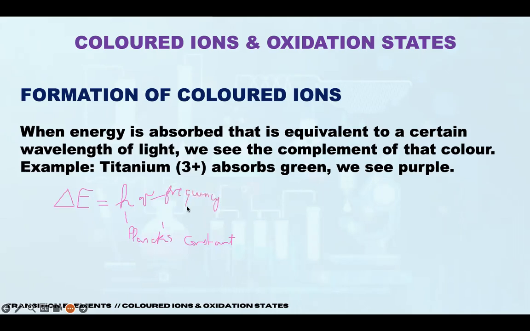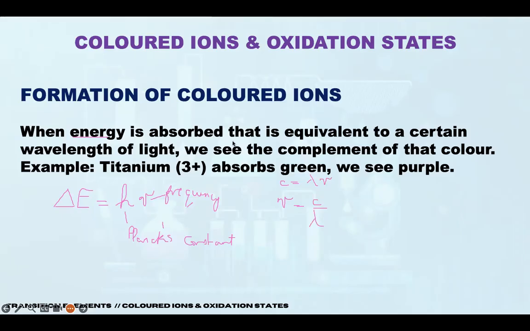So when the energy now is absorbed, this frequency v corresponds to a particular wavelength, right? So the speed of light, c, is equal to lambda, what is that? Lambda times frequency, right? So the frequency is gonna be equal to the speed over lambda, right?